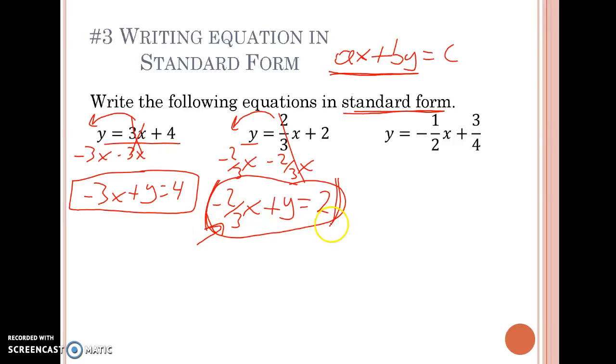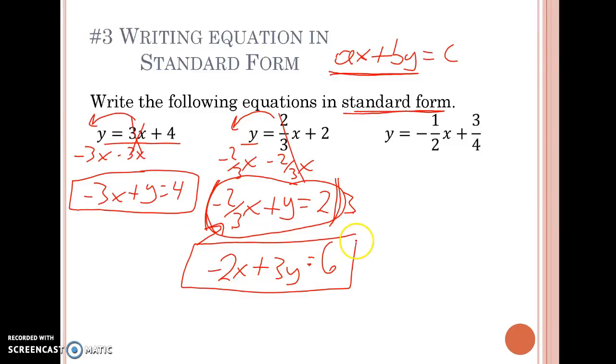There's only one fraction. So I'm going to multiply everything in the whole equation by 3. If I take 3 times -2/3, the 3's will cancel, and I'll have -2x, plus 3 times y is 3y, equals 2 times 3 is 6. And this equation is in standard form.